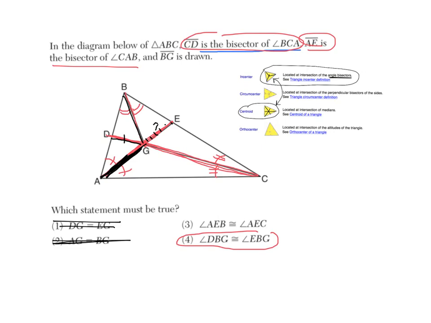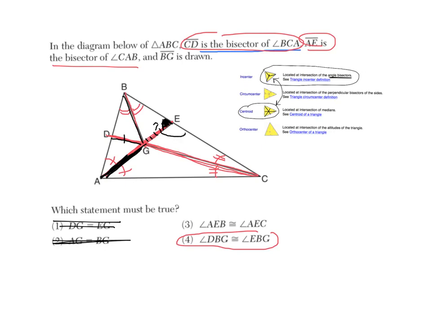So I would say just on looks alone that that's not correct. And it brings me down to the last two choices. Just by looks alone, angle AEB. Well, that's an acute angle right there. Is that the same as AEC? Well, that's obviously false.